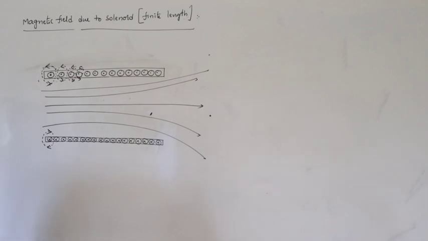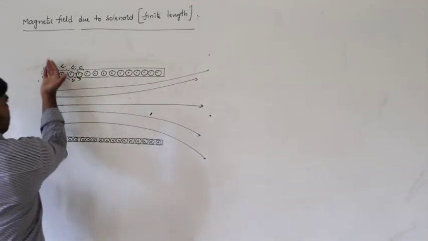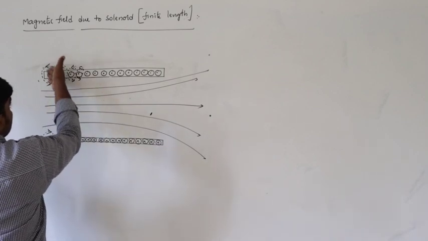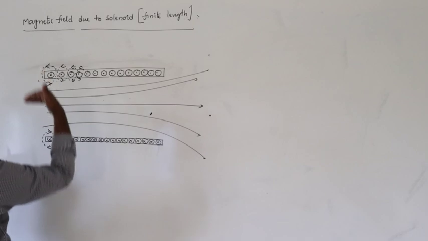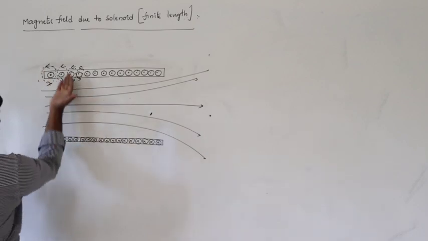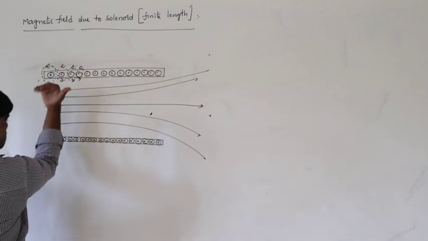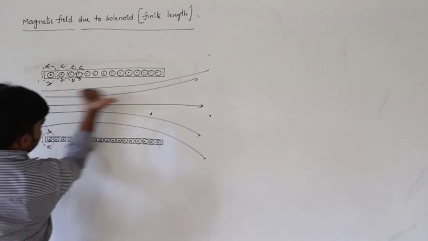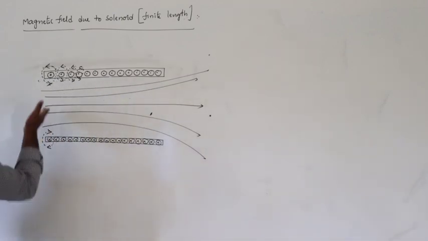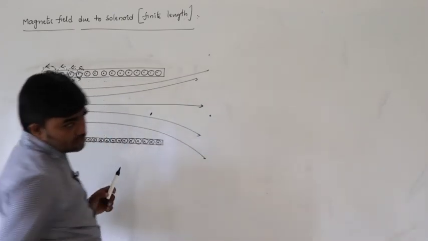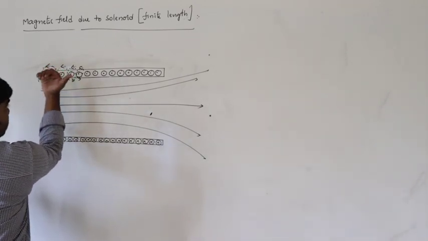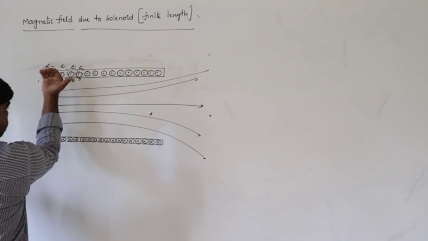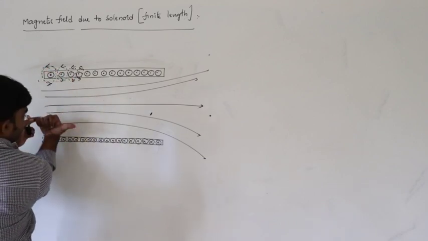See here, this is the situation. The simple thing: current carrying like this, here the current is outwards and here the current is inwards, coming out and moving inwards. So the curling of the fingers indicates the direction of the current, and the thumb indicates the direction of the magnetic field. See here, outward, the curling of the finger is outwards and here the curling of the finger is inwards.